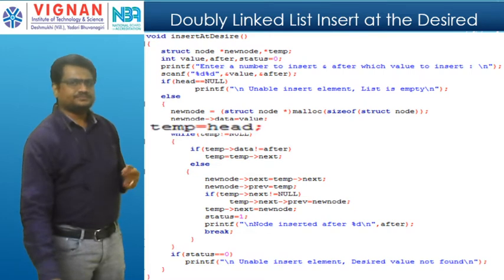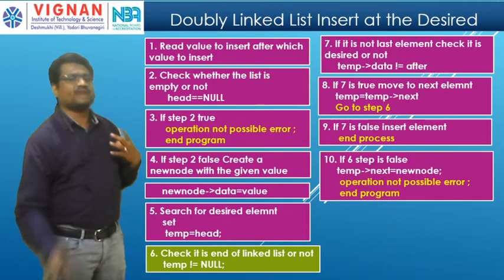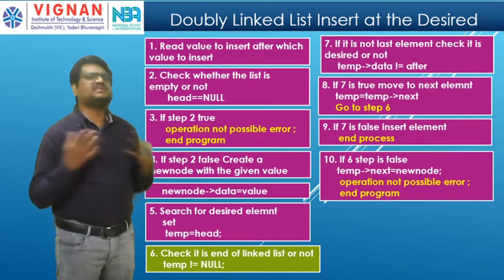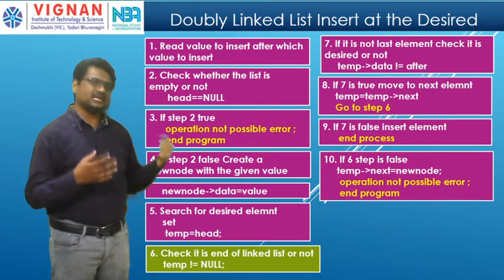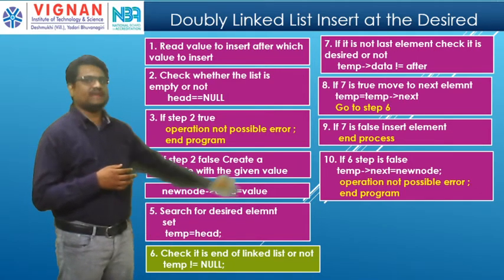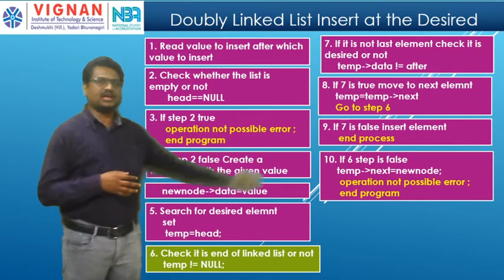Now here I am checking whether the temporary variable is null or not. Why am I checking? If the temporary variable is null, it means there are no elements left in the linked list. If there are no elements left, then I will directly put an error message.